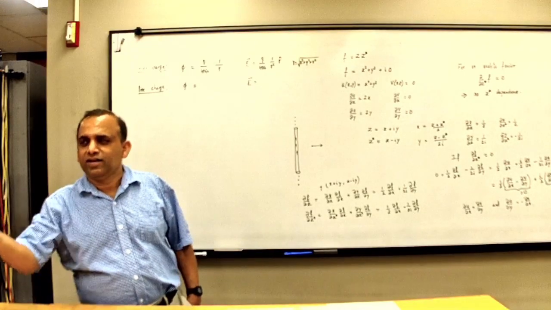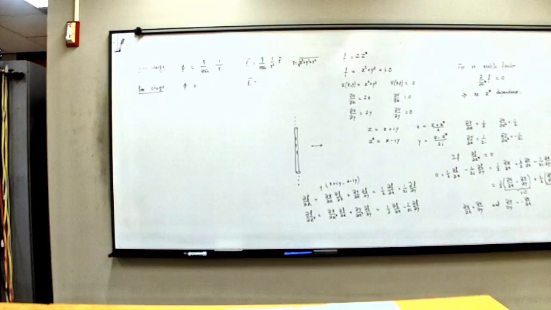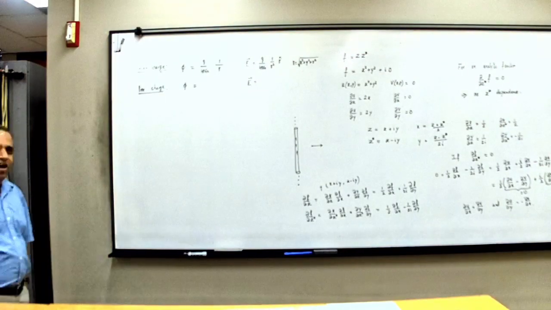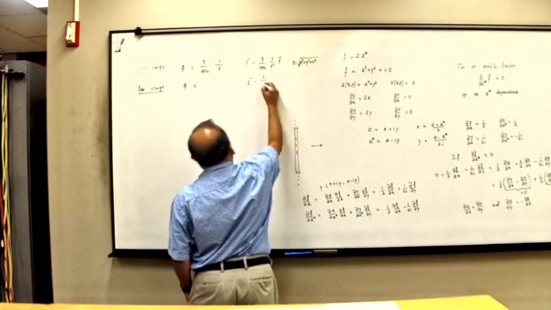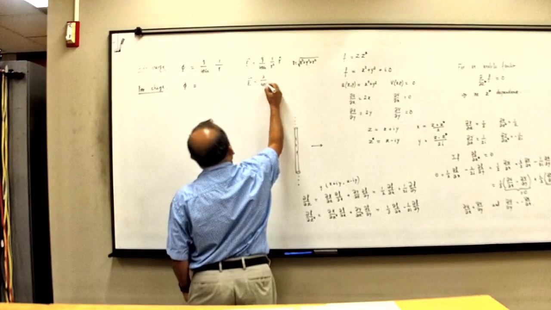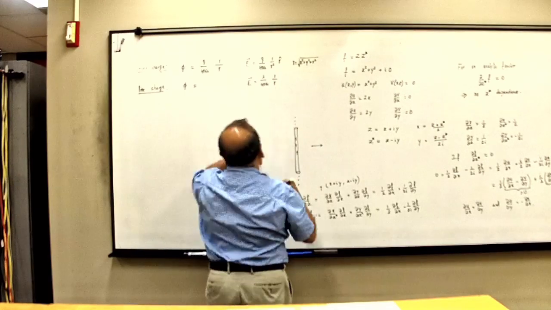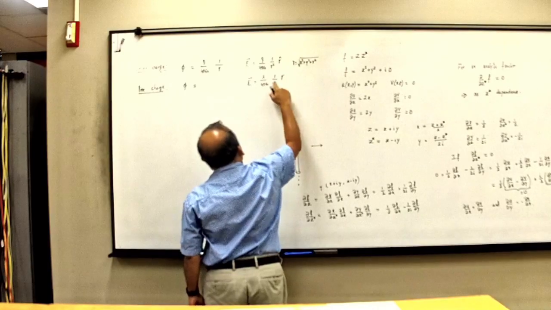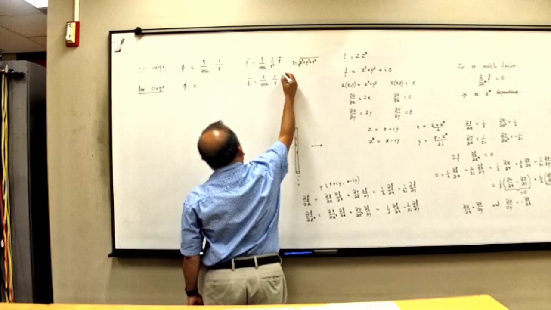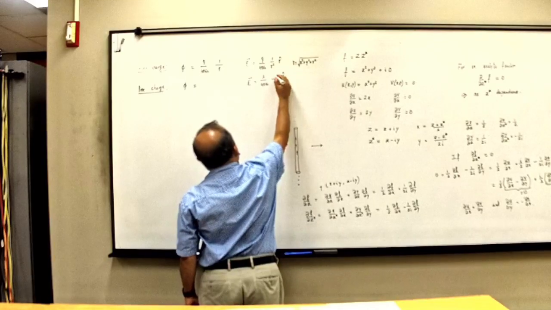Lambda by... yeah, good, very good. Lambda by R, right? Good. So what is lambda? Anyway, this is 1 over R. The main point is that it is 1 over R. If you want, let me write it with R hat, and there is a factor of 2 that also comes in.